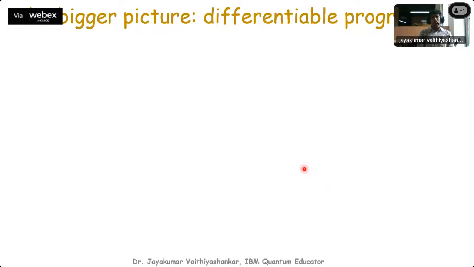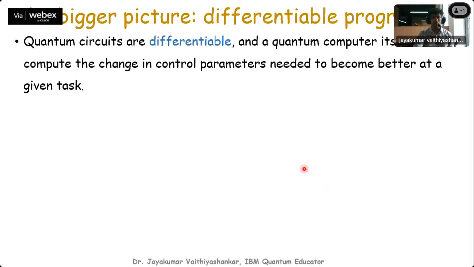The bigger picture is that you can do programming in a very differential way. It is not static programming or dynamic programming; it is differentiable programming. All quantum circuits are differentiable. In the last session, we covered the Bloch sphere.